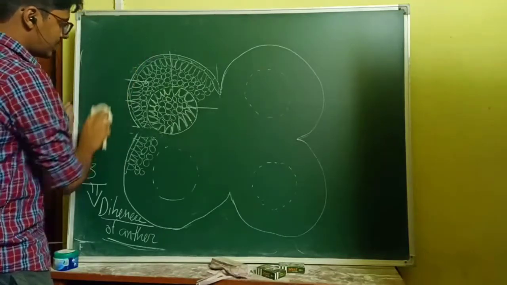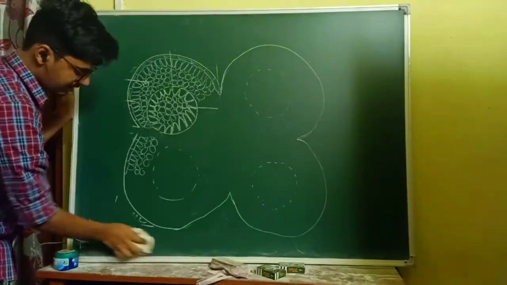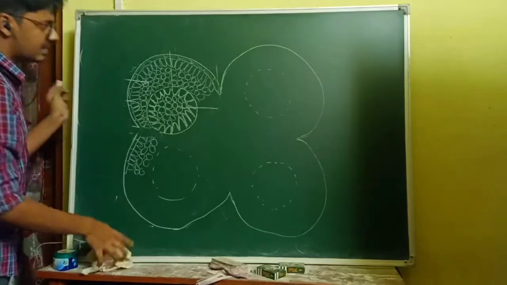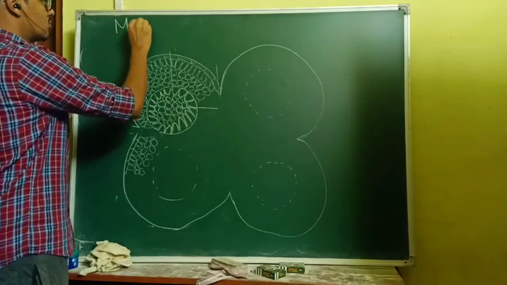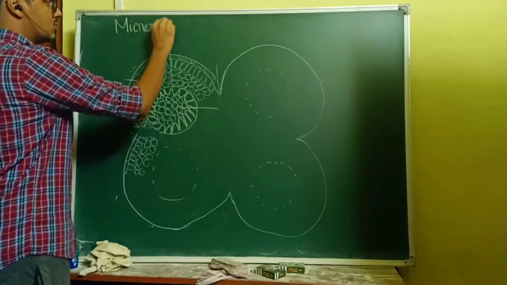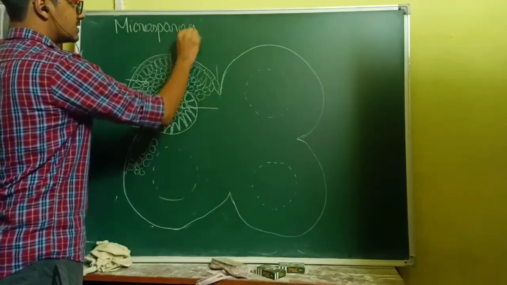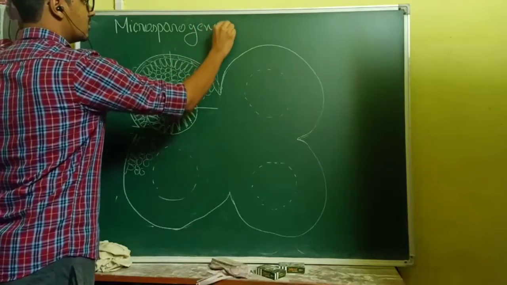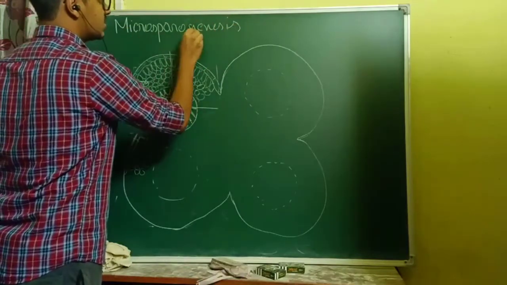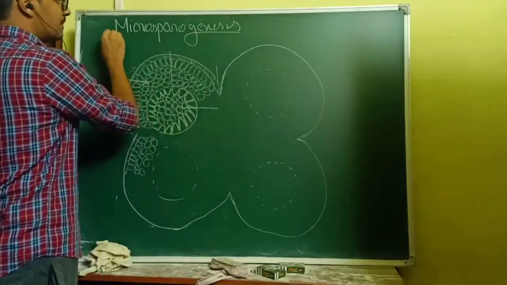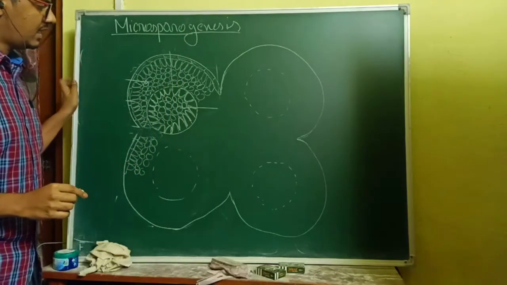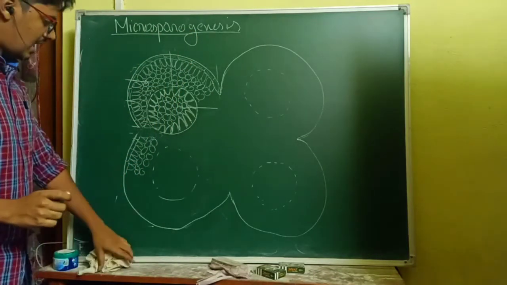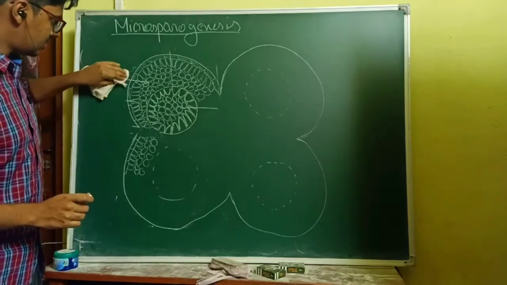So we are going towards the formation of male gamete. Wherever you hear the word genesis, always remember it means formation. Microsporogenesis means the formation of microspore. Okay, let us try to understand how the microspore forms.